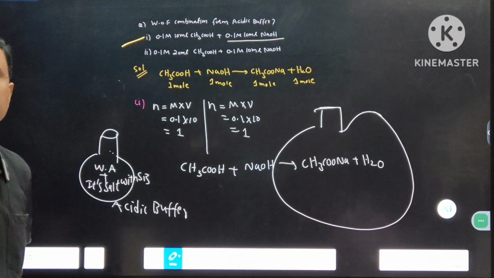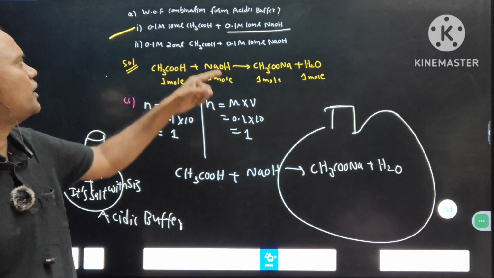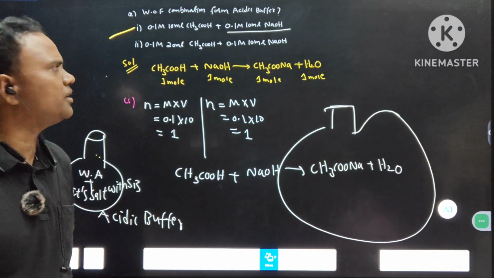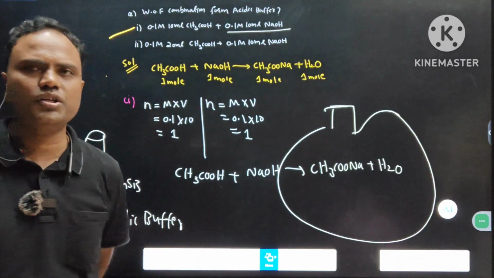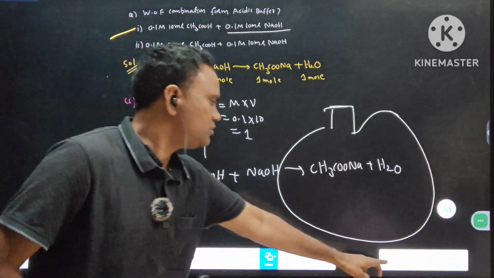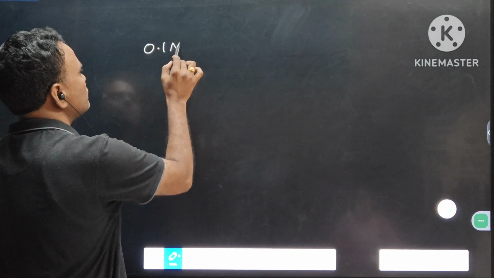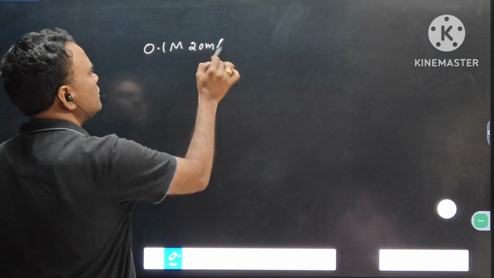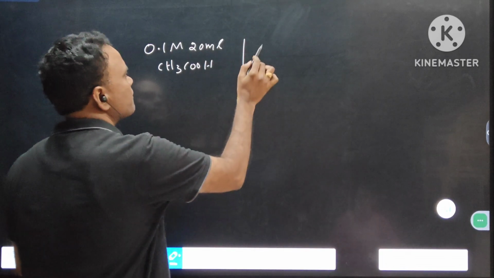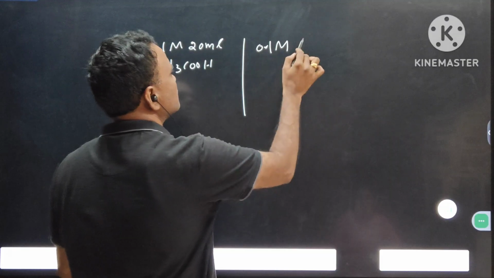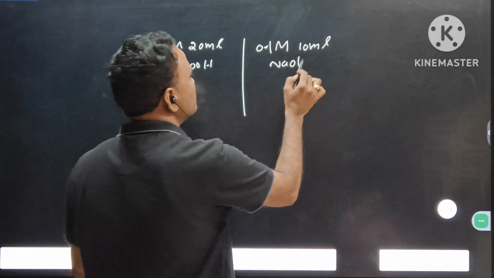Now check the second combination. What is the second one? 0.1 molar 20 ml acetic acid, 0.1 molar 10 ml NaOH. Let us check for that. Find out its moles.